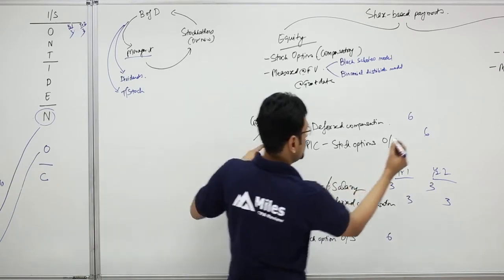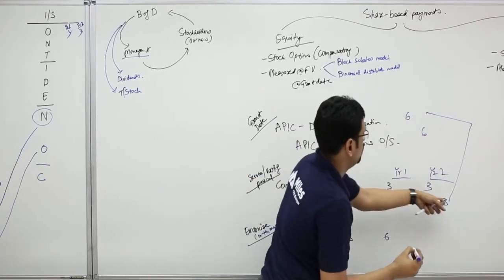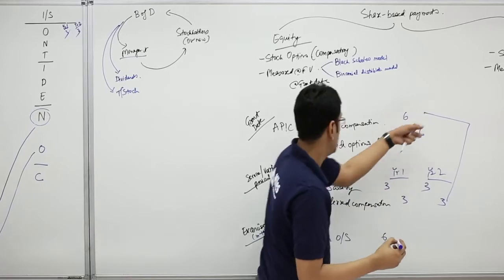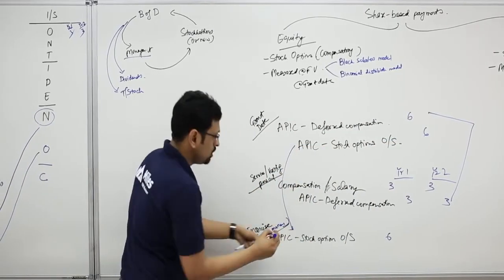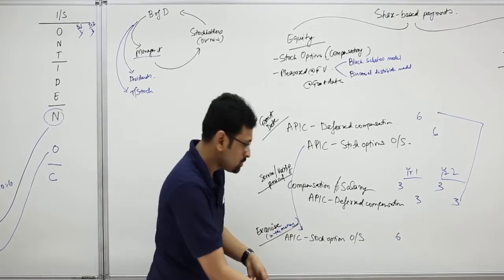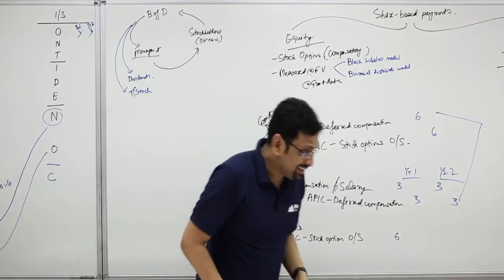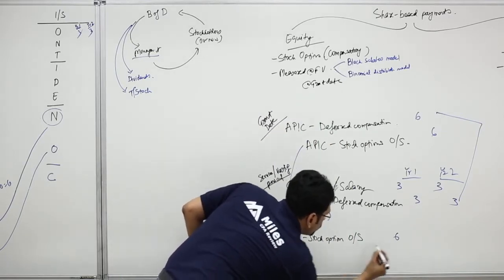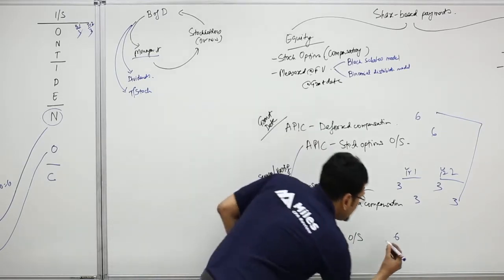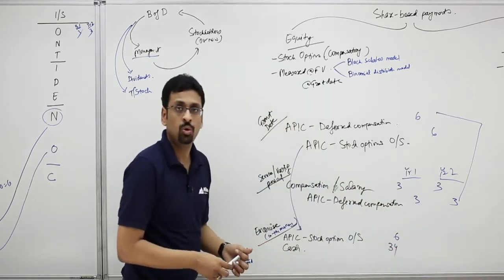Now this got reversed here. So after 2 years, this was a wash. Now APIC stock options outstanding, that is getting reversed here. Now the exercise price, the option strike price, that's 34 million or $34. So the employee needs to get in cash 34.